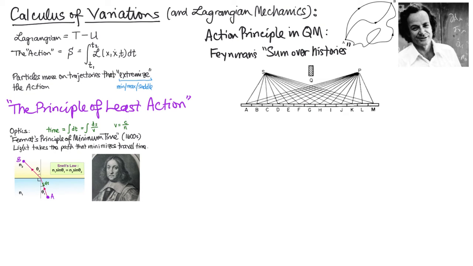So here Feynman is coming up with an explanation for the path of minimum time, but much more than that. We can see that some paths will take longer than others, and that there is a path of minimum time.